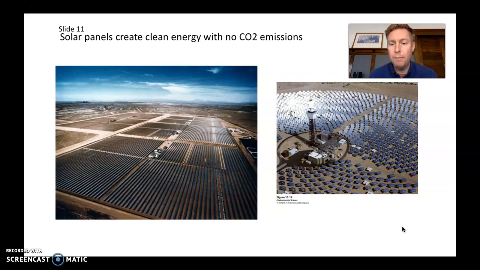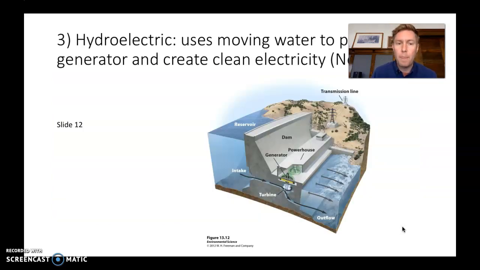That superheated material will, through a complicated process I believe, heat steam, and then steam will turn a turbine to create electricity. So it's kind of a cool idea. If you are interested in these sorts of engineering things, maybe that's one way your career path could go. Okay, all right, solar panels we briefly talked about.